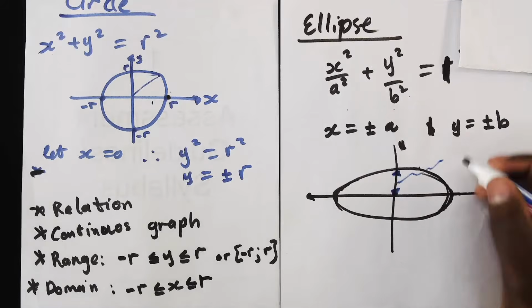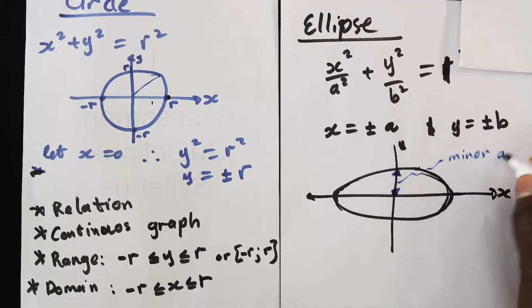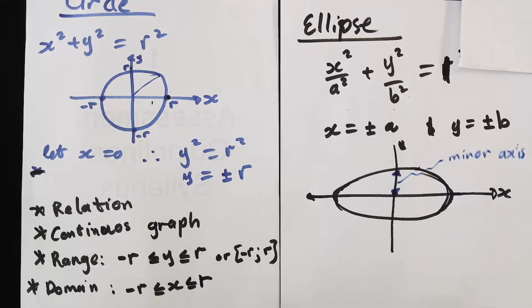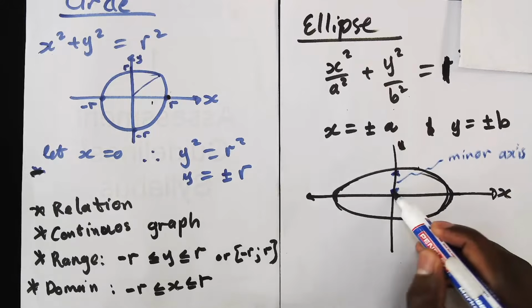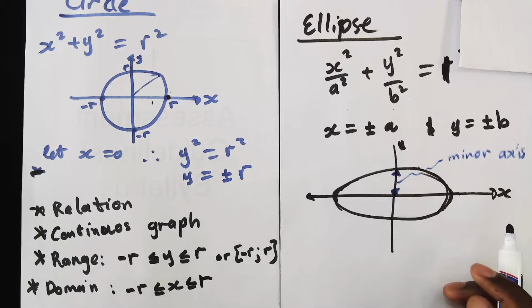That we'll call a minor axis. This is starting from point O to the top part of the graph, through the y-axis. Therefore, we have a minor axis.